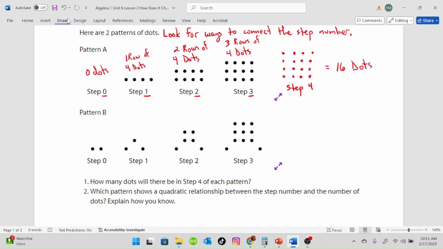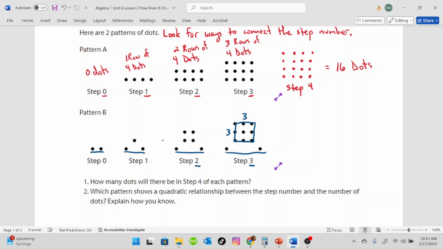Now, pattern B, same thing. Let's look for ways to connect the step number. And I notice all of them have these initial 2 dots at the bottom. Then I notice that in step 3, I have what appears to be a square of 3 dots by 3 dots.